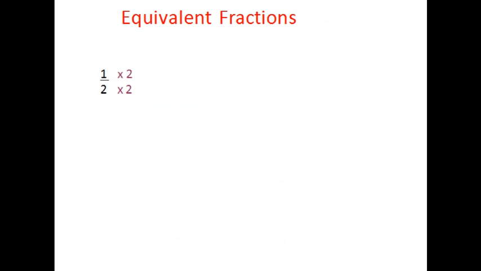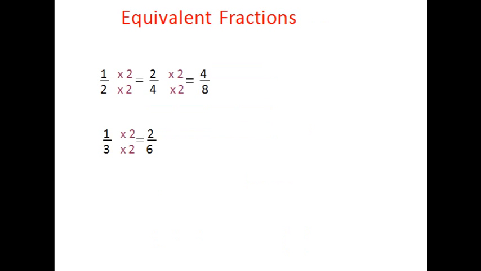I multiply the numerator and denominator by the same number, which is 2 here. So I got 2 over 4, which is an equivalent of 1 over 2. We have just seen that. Again you multiply the numerator and denominator by 2 and you get 4 over 8. That means if I multiply both the numerator and denominator by the same number, I can get its equivalent.